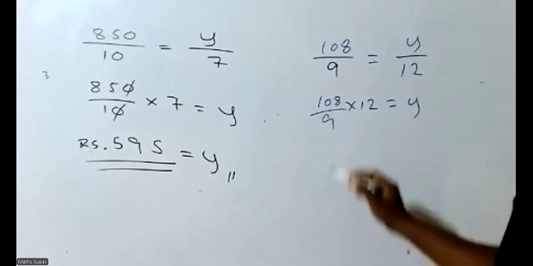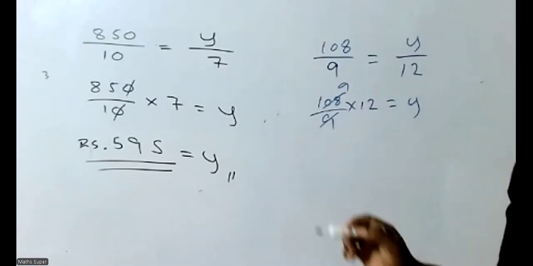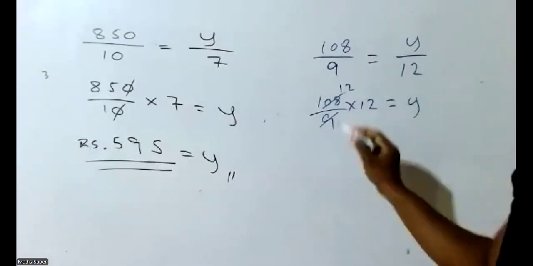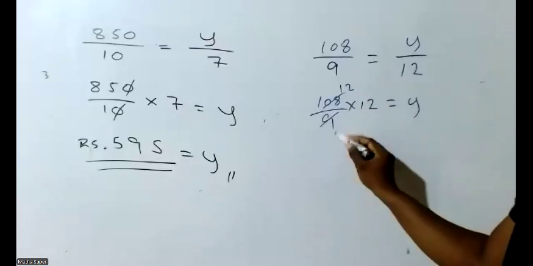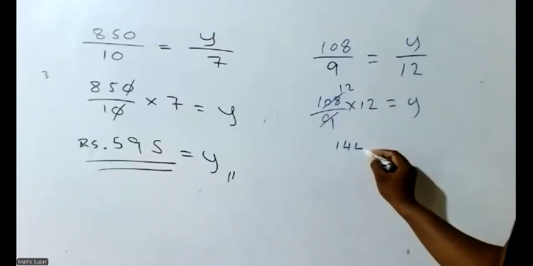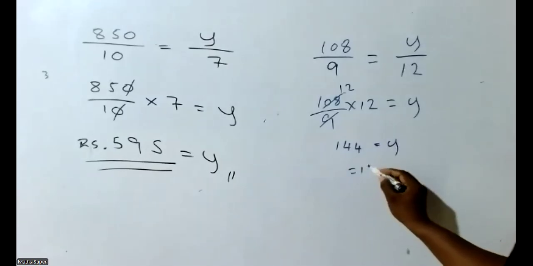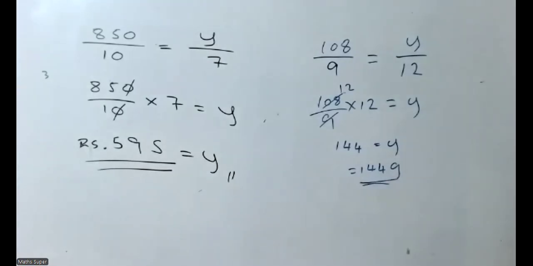Easy, no? 108 divided by 9 is 12. 9 into 12 is 108. So 12 into 12, easily you can calculate. So you can write 144 grams, because this must be the final answer.